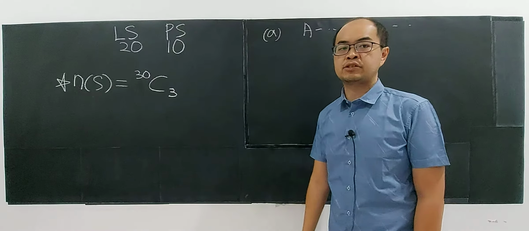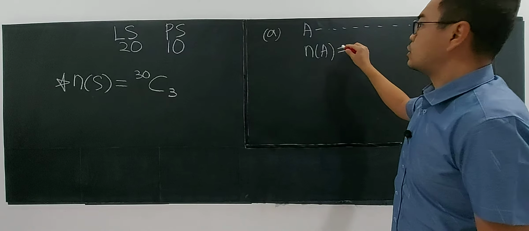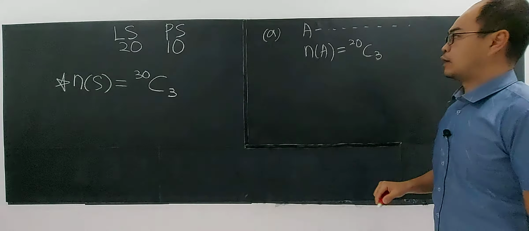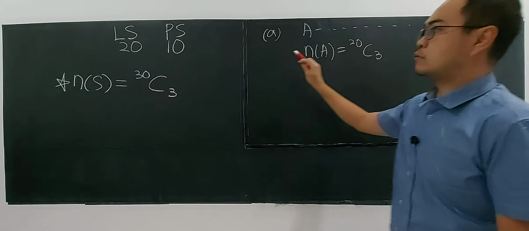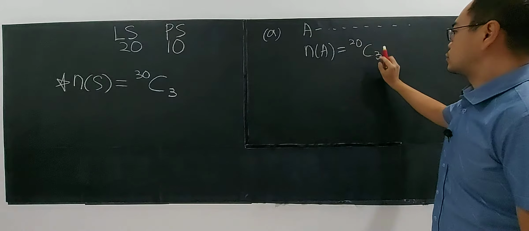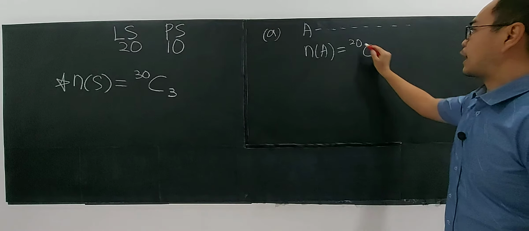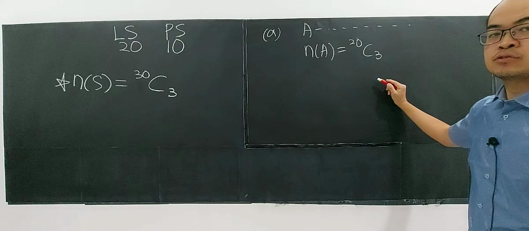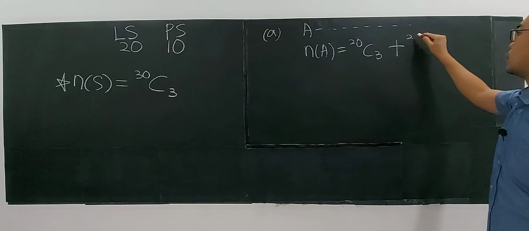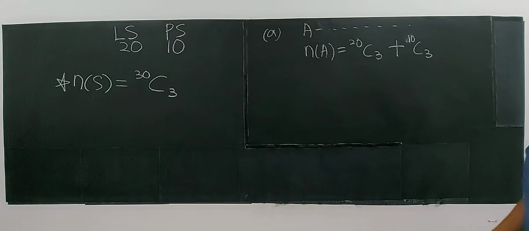So for event A, either 20C3, meaning the 3 members are chosen from the 20 life science students, all life science, or 10C3, all physical science students.